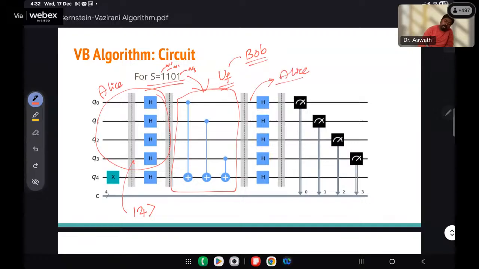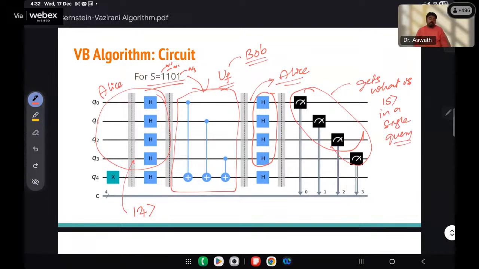Now what does Alice do? She processes using Hadamard gates, and she makes a measurement, and gets the answer in a single query. You can think that the circuit is with Bob.